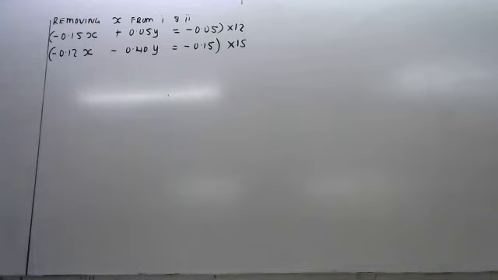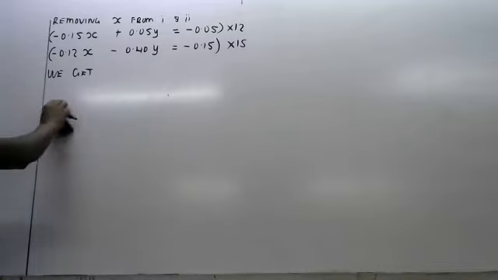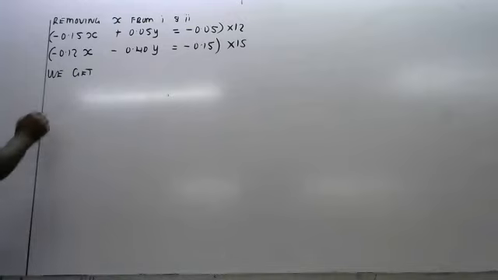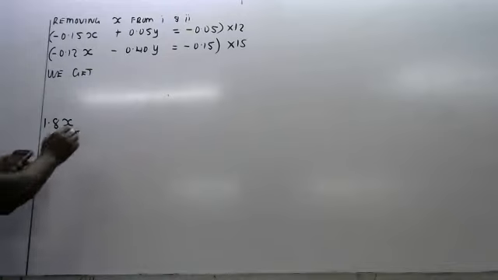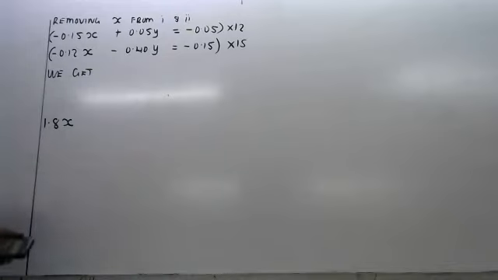So when we do that, we get 0.15 times 12 is 1.8x. 0.05 times 12 is, sorry, this one is negative.